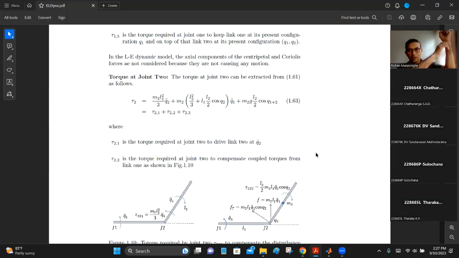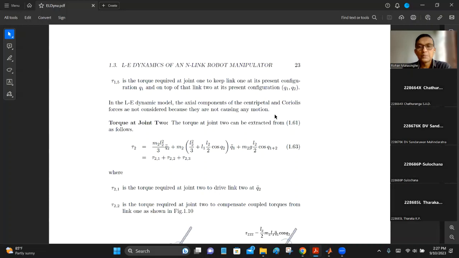There's nothing after that point, so there's no joint sitting on top of this one to produce any Coriolis or centripetal or any other disturbance forces. Therefore the torque equation for joint 2 is very simple like this.